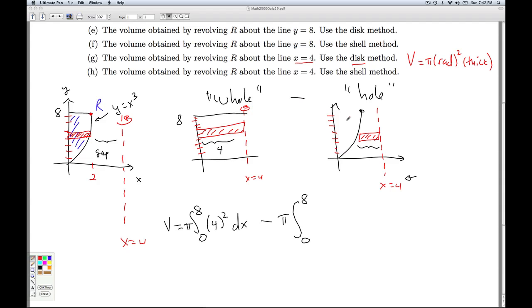Solve this guy for x. So it's 4 minus the cube root of y squared times the thickness dy. And excuse me back here, the thickness is dy because we're chopping up the y-axis. Alright, so that'll do it then for part G.